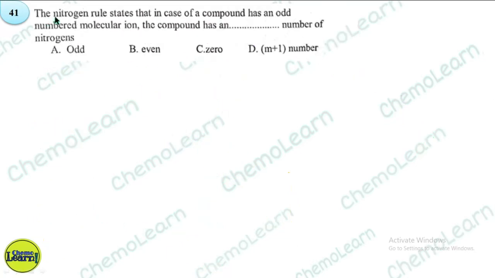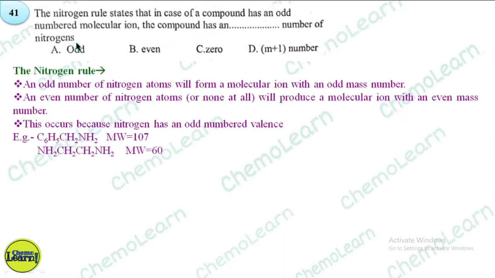Next one is, the nitrogen rule states that in case a compound has an odd numbered molecular ion, the compound has a dash number of nitrogen. You know, the nitrogen rule states that an odd number of nitrogen atoms will form a molecular ion with an odd mass number, and an even number of nitrogen atoms or none at all will produce a molecular ion with an even mass number, and this occurs because nitrogen has an odd numbered valence.